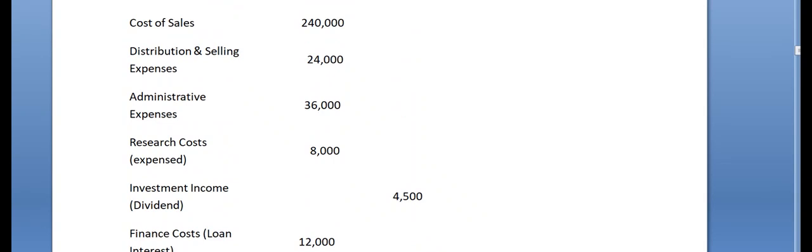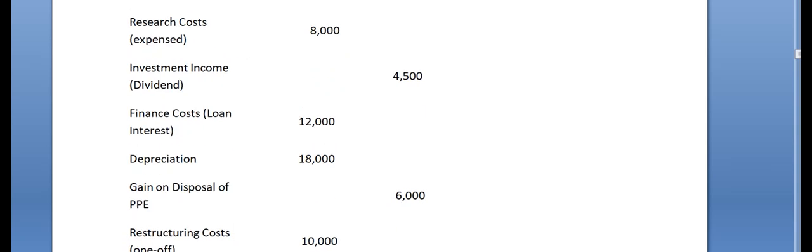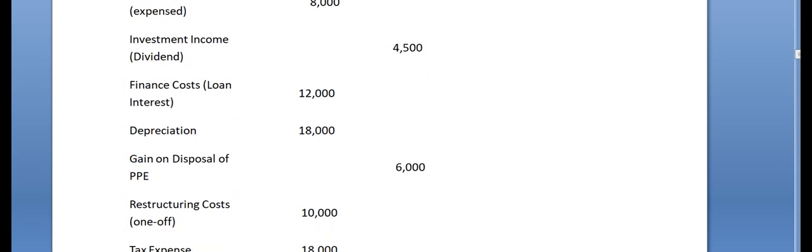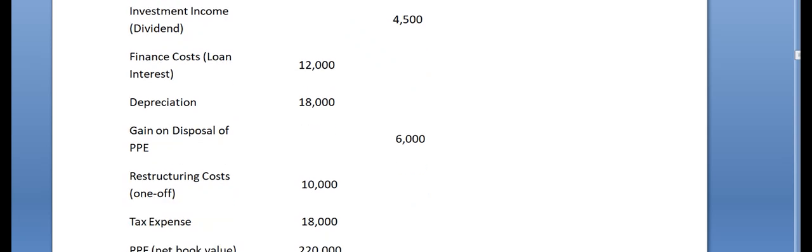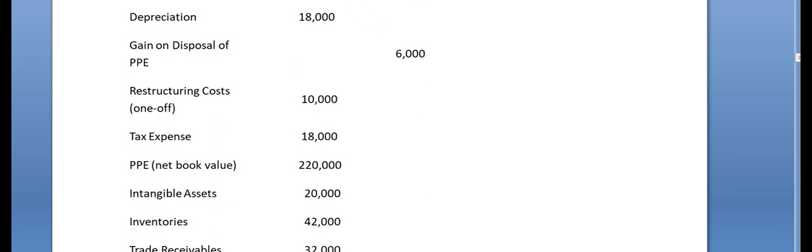Look at it, it's under the credit side of the trial balance. Cost of sales 240,000, distribution 24,000, admin expenses, research cost, and investment income. This one is also under credit. Gain on disposal of PPE 6,000, you can see it's also under credit. Restructuring cost one-off 10,000, tax expense 18,000, like that.